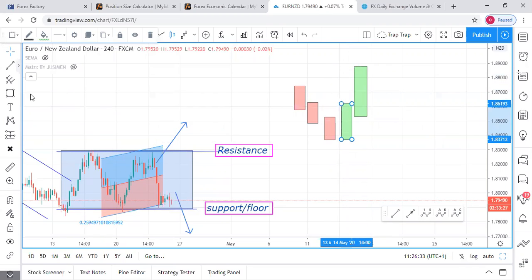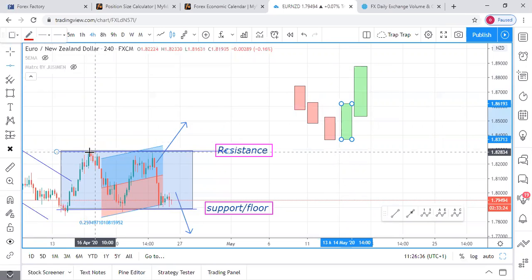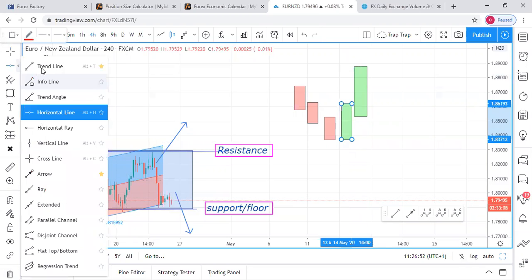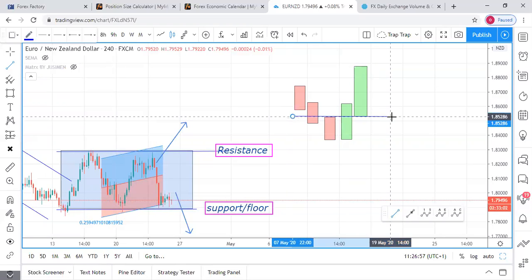Then you can assume, remember everything we're saying here is theoretical, it is not real. Price does not respect lines, right? Price doesn't respect a line per se, but we try to put meaning into the chaos that we see in the market. So what we want to do here is put a straight line on this bear candle, right?